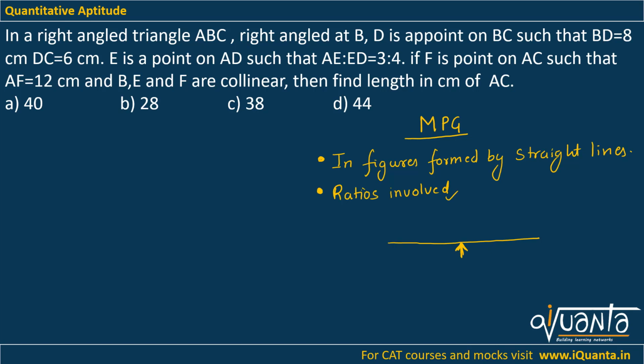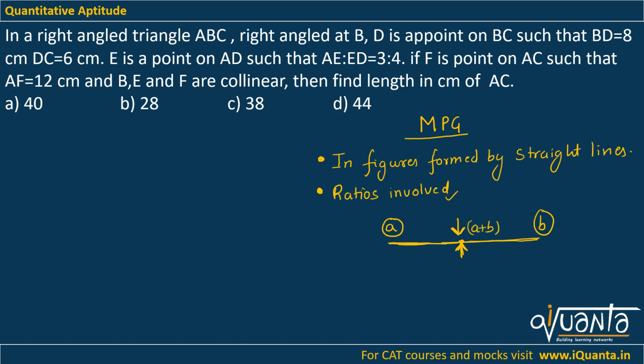What does that mean? For example, if I have a straight line like this and somewhere over here I have the balancing point, or the base of this plank, and assume that the weight here is A and the weight over here is B, then the weight at this particular point will be A plus B, the sum of weights on the ends.